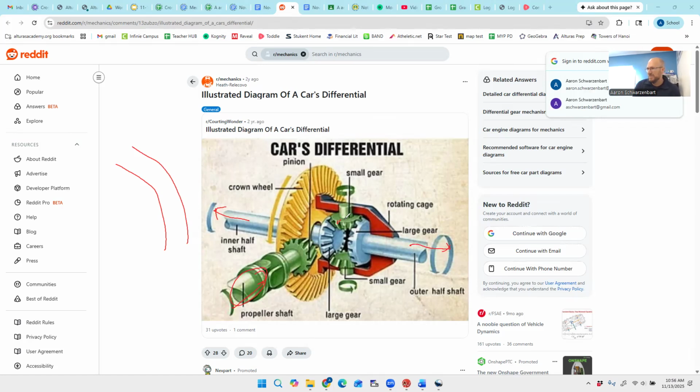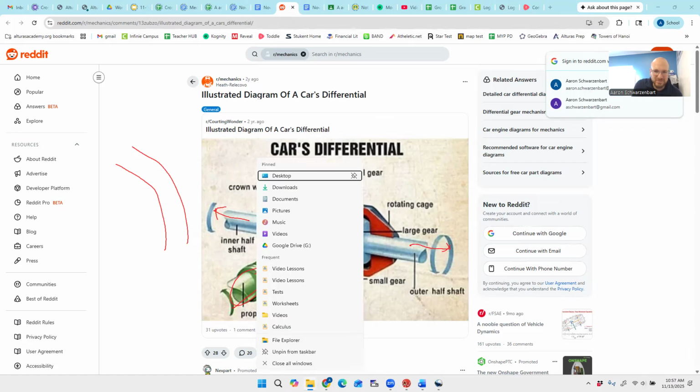So, if you look in your book on page 156, they're going to talk about how you do this with train wheels. Hold on, I'll open this up. I have a scan of this.